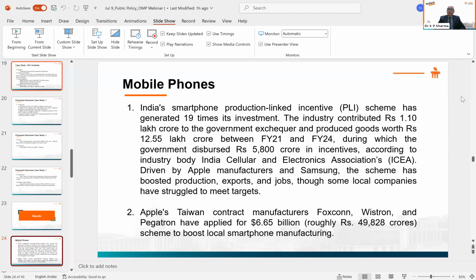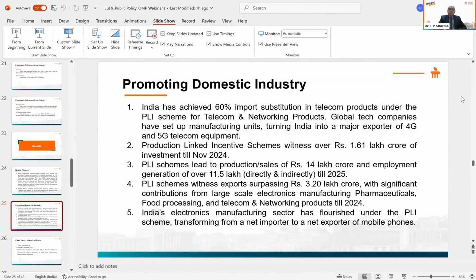And the government disbursed 5,800 crore in incentives. Incentives are only 5,800 crores, according to the industry body Electronics Association. So there was a tremendous increase in the production levels and in the export levels. So this scheme was very fruitful.